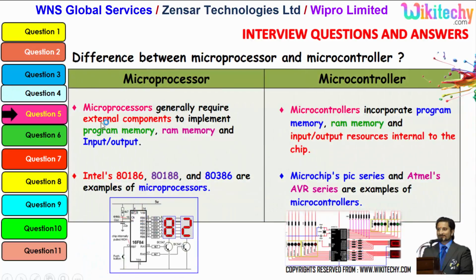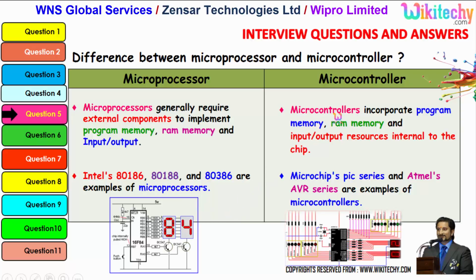Let's move on to the next question, the differences between microprocessor and microcontroller. So microprocessors generally require external components to implement program memory, RAM memory and input-output. Here is the example: Intel 80186, 80188 and 80386 are the typical examples of microprocessors.